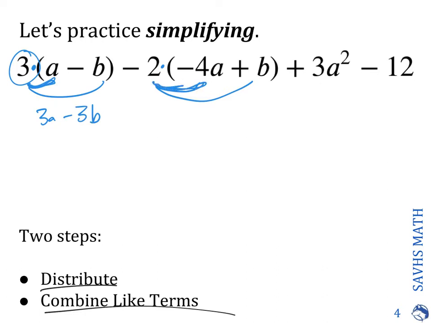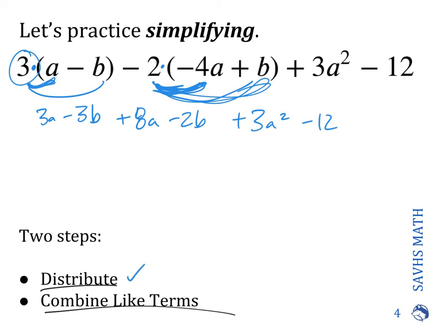Negative 2 times negative 4a is positive 8a. Negative 2 times b is negative 2b. Then I have this other stuff over here, 3a squared and minus 12. So we have done all of the distributing now, and now we need to combine the like terms.